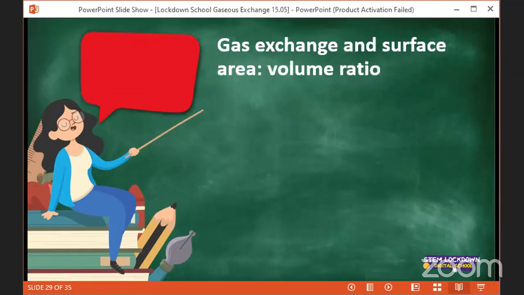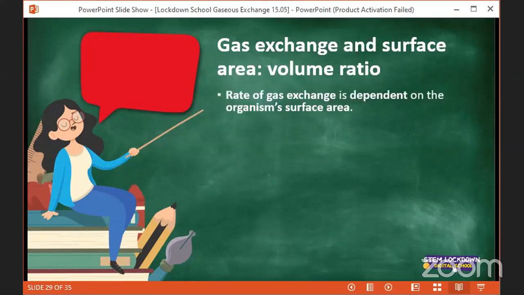Gas exchange and surface area to volume ratio. Now the rate of gas exchange is dependent on the organism's surface area. I hope you guys do remember what surface area is from your math. This is basically how much of a solid object is exposed.